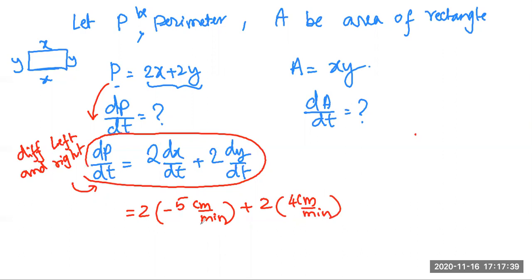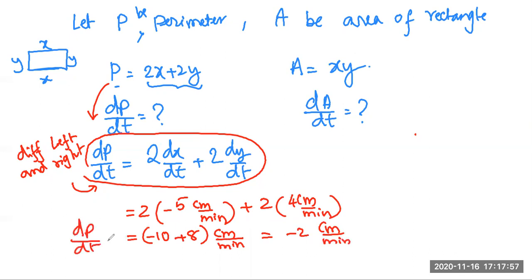So this is minus 10, this is plus 8, so many centimeters per minute. So the answer is minus 2 centimeters per minute. Or you can write that the perimeter is decreasing. If you say decreasing, you don't have to put minus. If you put minus, you don't have to say it is decreasing. So that is for the perimeter.